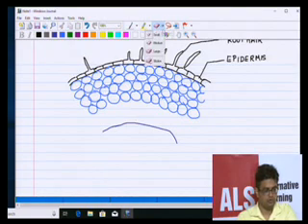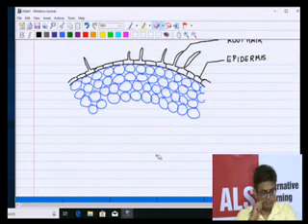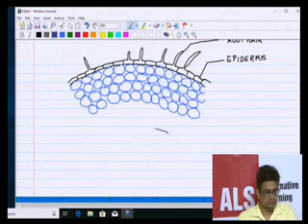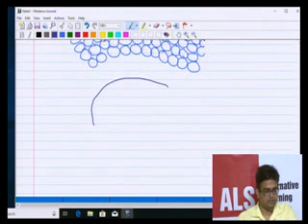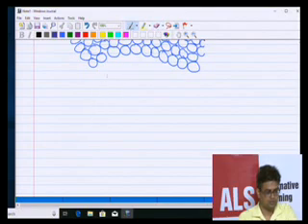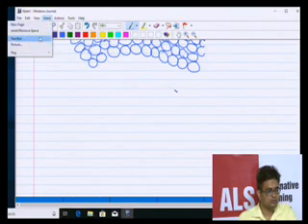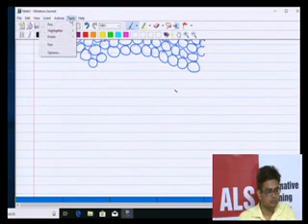Actually this will come out in the form of a huge circle, so I will have to use the full length of the page. Just give me a second. I have to draw a circle here.